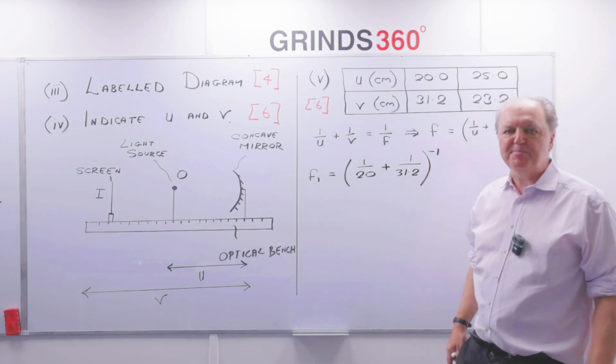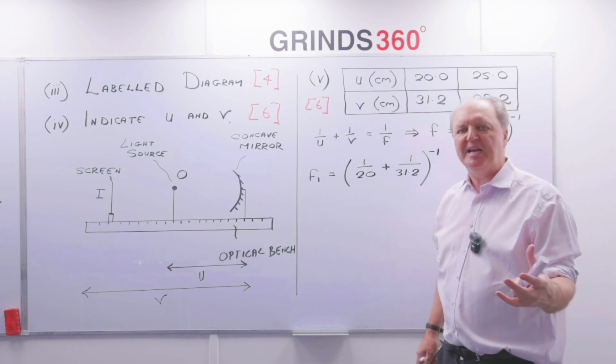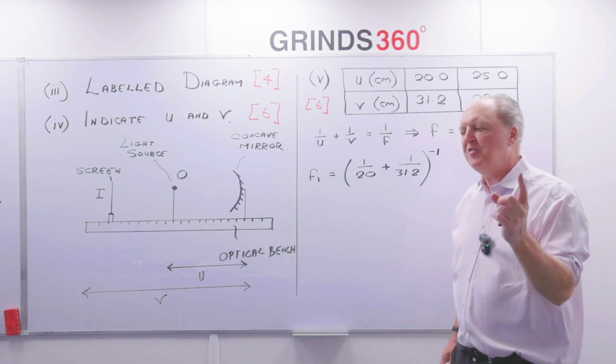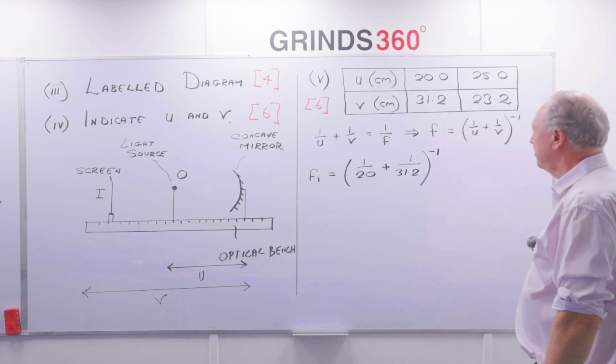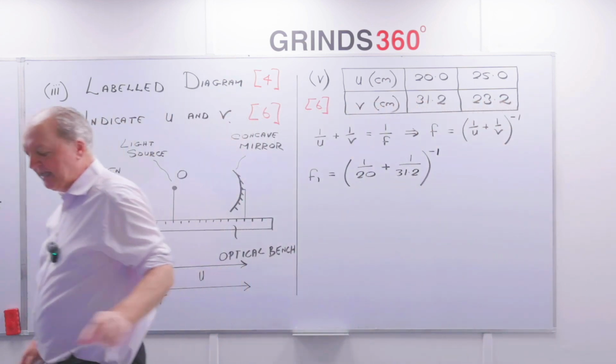So let's put that to 2 decimal places, because it's not my final answer. Maybe I'll put my final answer to 1 decimal place. But before that, I'll go 2 decimal places. So get your calculator out, and we'll do that calculation.